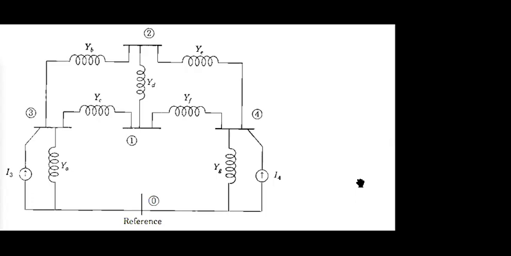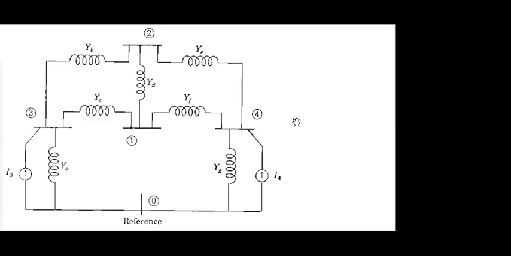If you have been given an admittance diagram, can you write the nodal equation for different nodes using the KCL concept? Try to write the nodal equation for nodes 1, 2, 3 as well as 4.